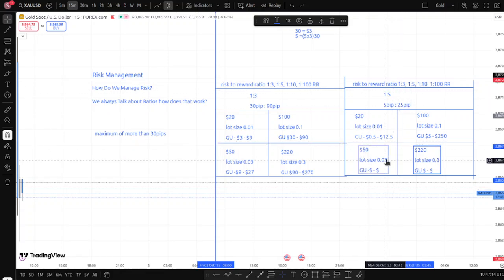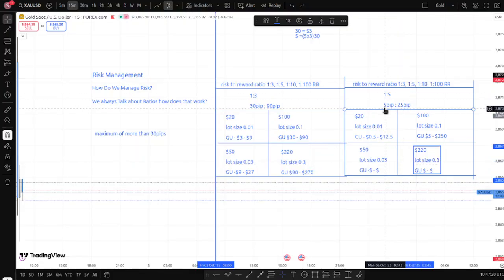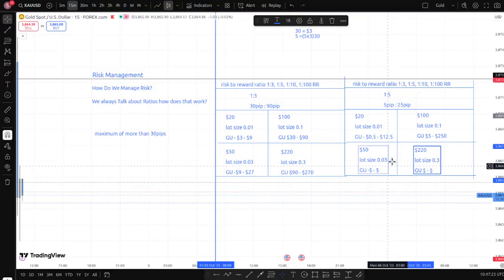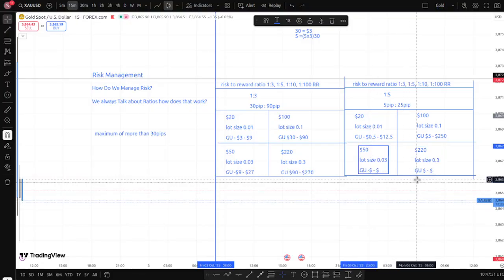Kwa hii 0.3 you are risking kama kawaida tuna risk 5 pips, but nini yetu imeongezeka, so itakuwa hii times 3. Ikiwa hiyo times 3, what happens here? 1.5.